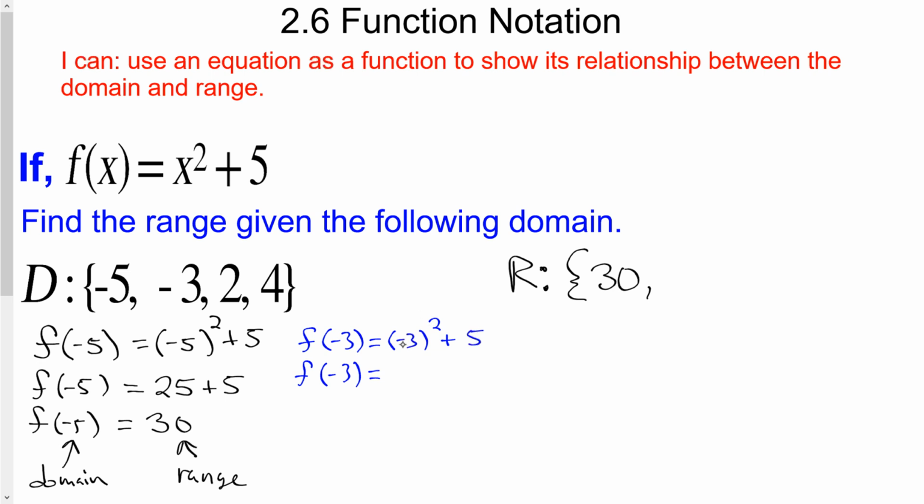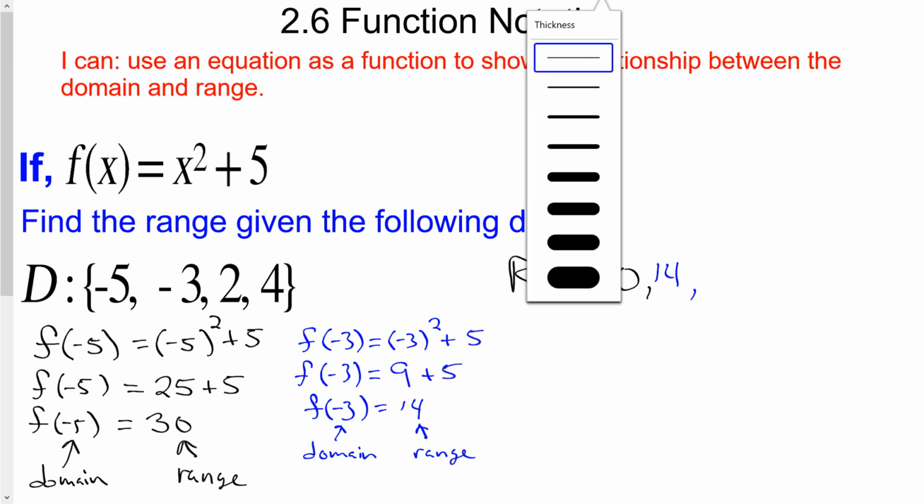That's -3 times -3, which is a positive 9, plus 5. So f of -3 equals 9 plus 5, which is 14. Again, this was my domain value. This must be my range value. That's input and output. So my new range value is 14 here.